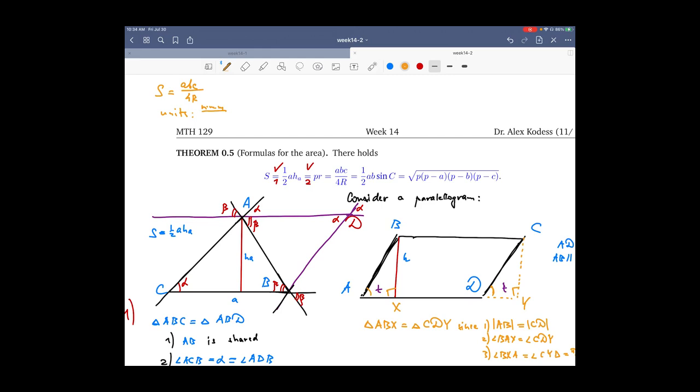But then radius is also in meters. So we do get meters squared as expected. It's very important that we check that the units are the units of area. For otherwise, this doesn't make any sense.